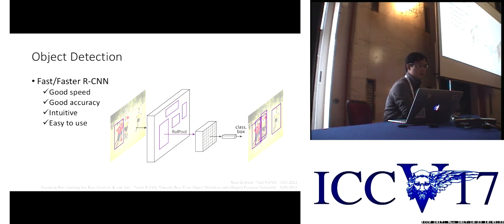This system has good speed and most of the time very good accuracy. On the other hand, these systems are very intuitive and easy to use. By easy to use, I usually mean they are both easy to train and easy to test. It is also easy to do experiments on top of them so we can accelerate the research cycle.